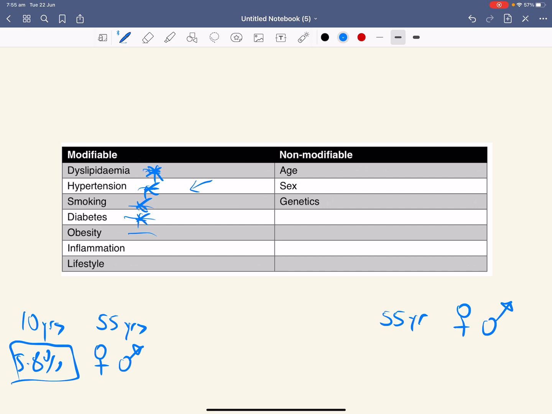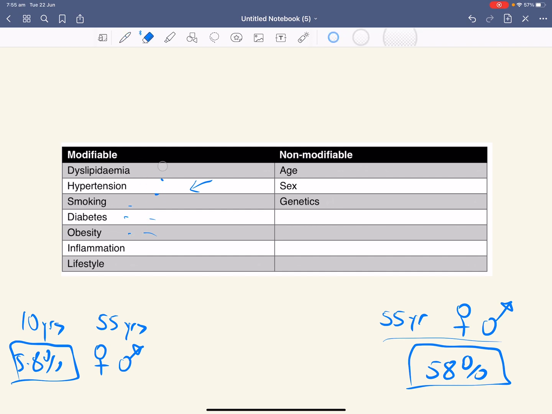Your 10-year risk of having a heart attack was 58%. So highly likely that you would have a heart attack just from those additional risk factors. Hopefully that illustrates how important these risk factors are.